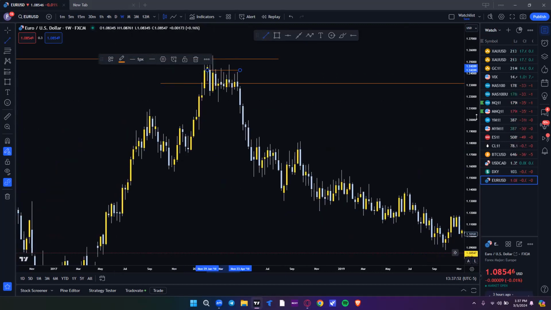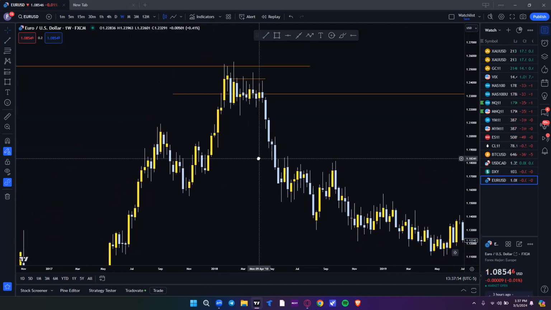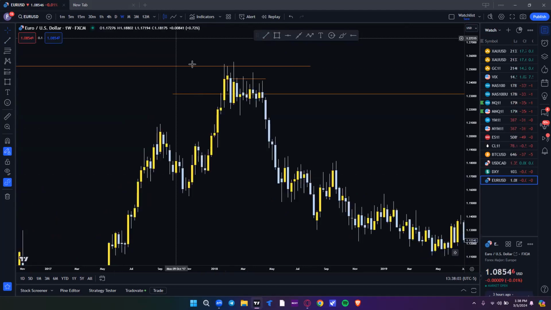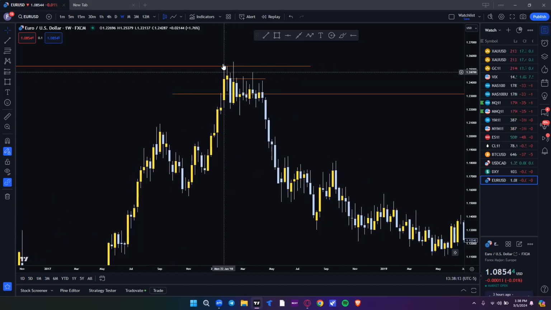Okay, so what we can see here is that our closest V-shape SNR is this one right here. But we need an indication for whether price wants to go down or up. How are we going to do that after we see this rejection right here?